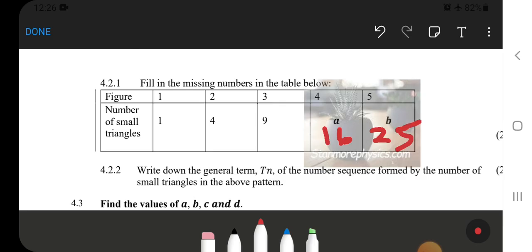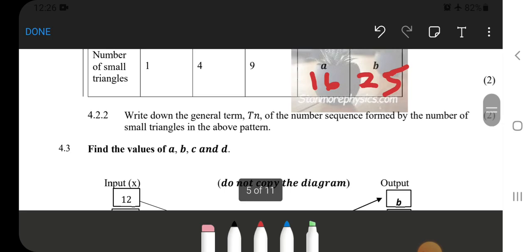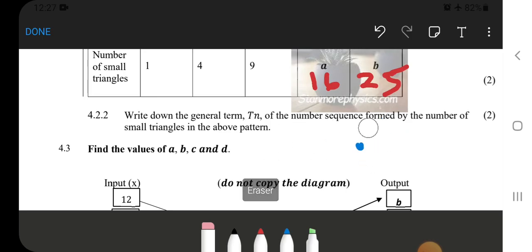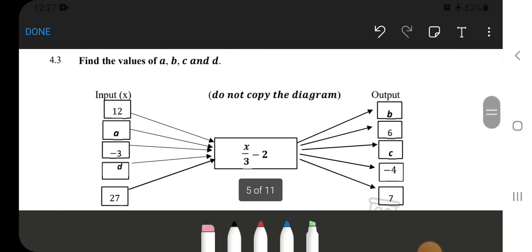So I calculated them, and then we wrote down the formula for the nth term, which is 4.2.2, that Tn equals to n squared. So we did that. It's a long process, but it gets us the answer. Okay, so you just need to practice.